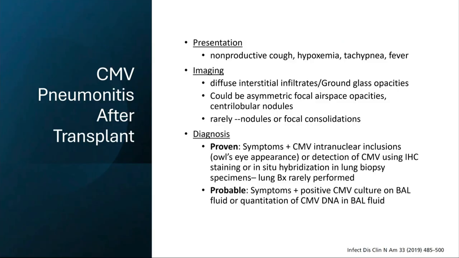For the diagnosis of CMV pneumonia or pneumonitis, you can make a diagnosis of proven CMV pneumonia based on your symptoms or radiographic signs, plus evidence of CMV intranuclear inclusions on a tissue biopsy sample, plus evidence of CMV detected by immunohistochemistry staining. The issue with this definition is that most of our transplant patients are not really candidates for biopsies, right?